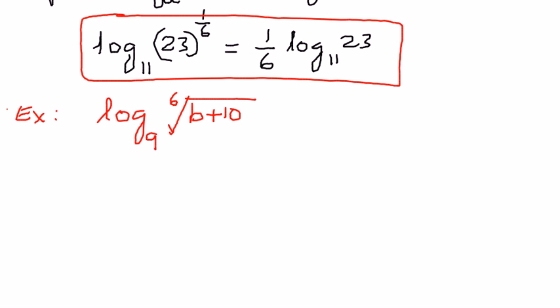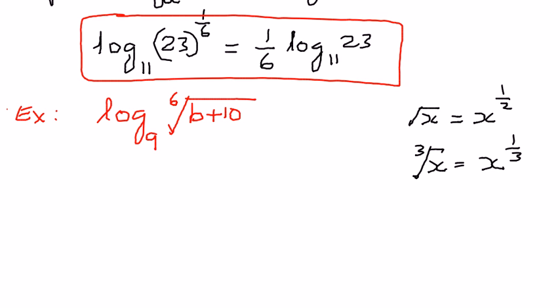Here I want to explain a few things. When we have a radical term like square root of x, we can always express it as an exponential term, as x to the power of 1/2. If we have cube root of x, we can always write it out in terms of exponents as x to the power of 1 over 3.